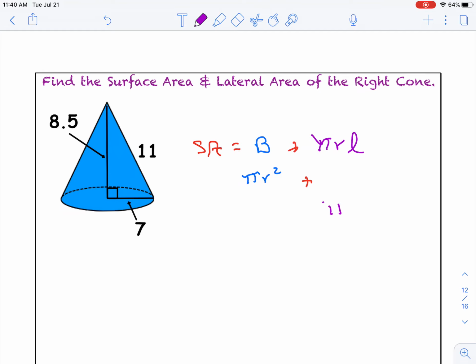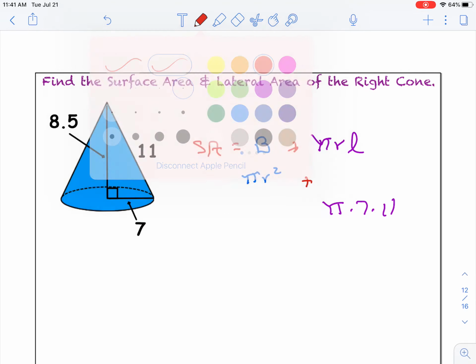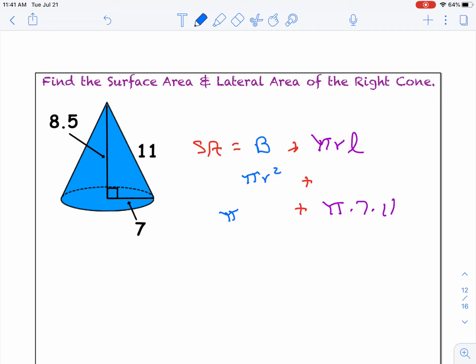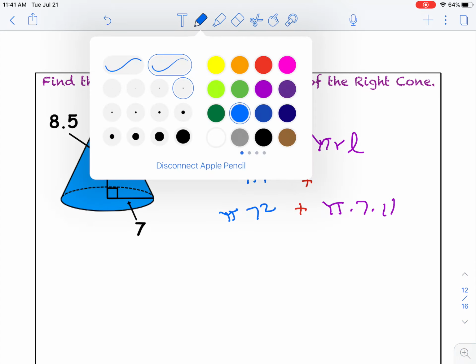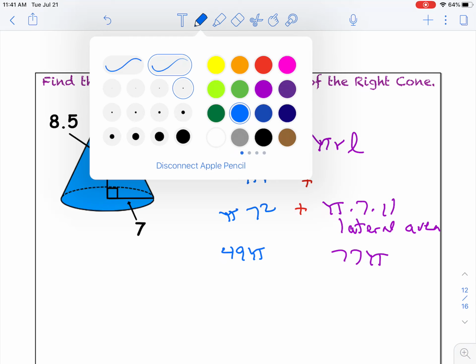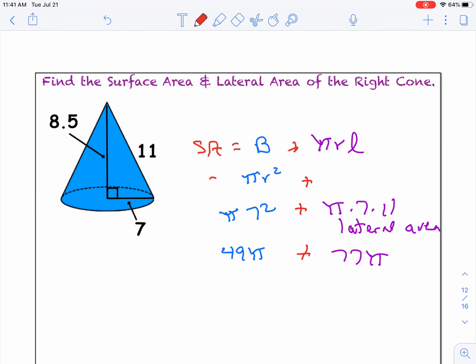So this would be pi times my radius, which is 7, times my slant height, which is 11. And that's going to be my lateral area. And I'm going to add that with pi times 7 squared. So again, this is our lateral area if they ask for that separately. And so our lateral area is 77 pi, and our base area is 49 pi, and we can add those together for our surface area.